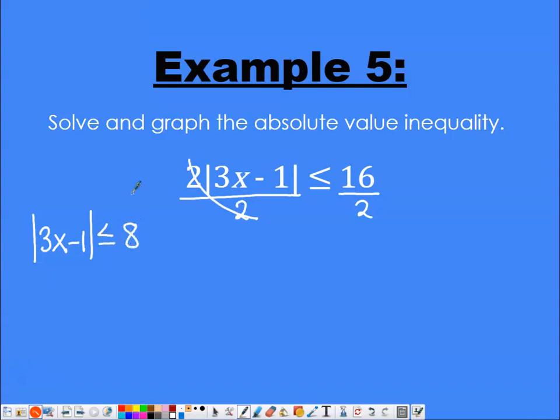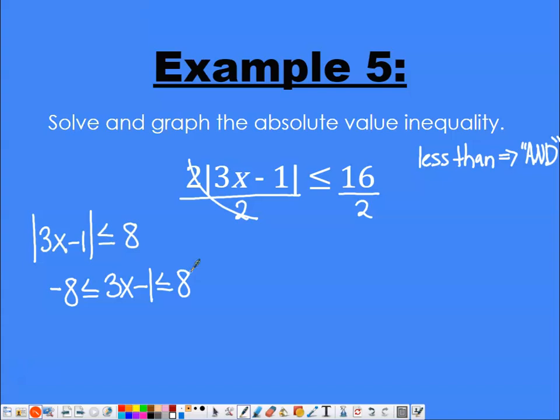Now that it's isolated, I see that we have the absolute value. It is, again, a less than, and that implies that we have that and statement. So let's write it out. We take that 8, make it negative, less than or equal to 3x minus 1 less than or equal to 8. That is our and statement.